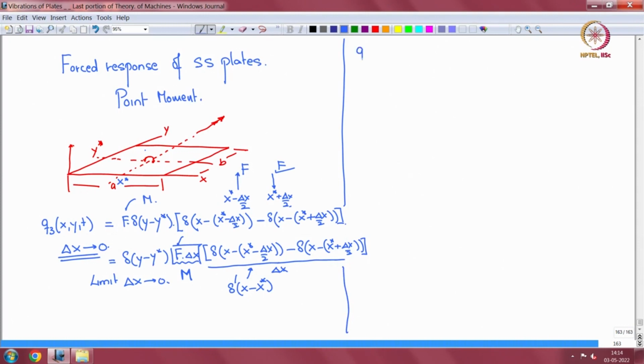My q3 of x, y, t is M delta dash of x minus x star, delta of y minus y star, and harmonic. I forgot the harmonic term here.